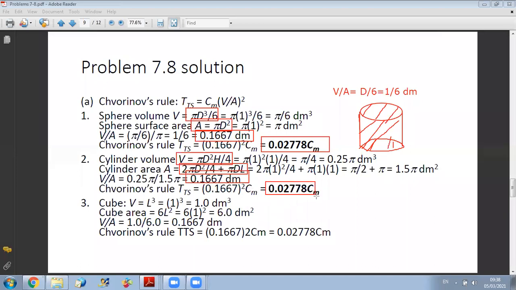Now, let us calculate V over A and the solidification time for the cube, for the final shape. For the cube, in order to calculate the volume, of course, it's a cubed, the dimension of the side of the cube.